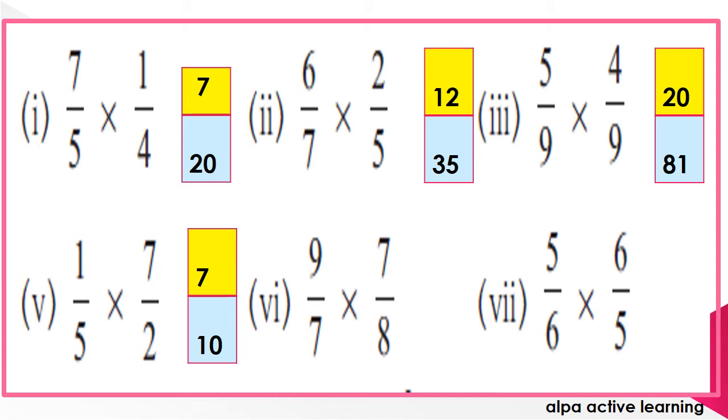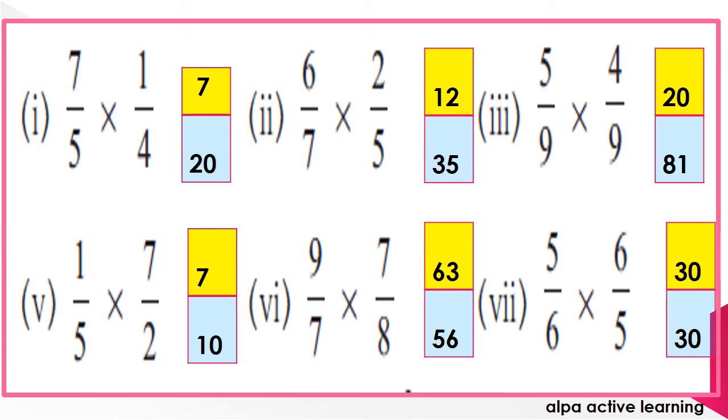Sixth, here 9 sevens are 63 and 7 eights are 56. But children, if somebody writes here 9 upon 8, then also it is correct because 7 and 7 get cancelled. 7 ones are 7. And the seventh answer, 30 upon 30, that is 1 because 30 ones are 30. Right? So this is a very easy one.